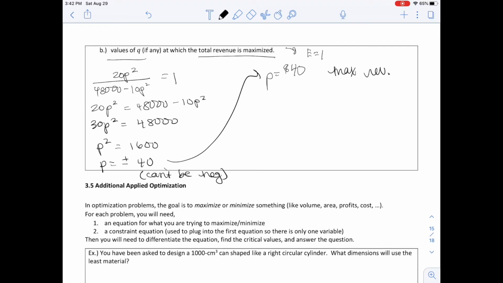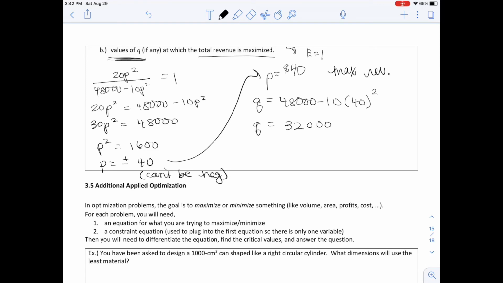So this question though is asking for the value of Q. So in order to find our value of Q, we know that Q is equal to 48,000 minus 10 times P squared, which we'll substitute in as 40 squared. Working this out, we get Q is equal to 32,000.